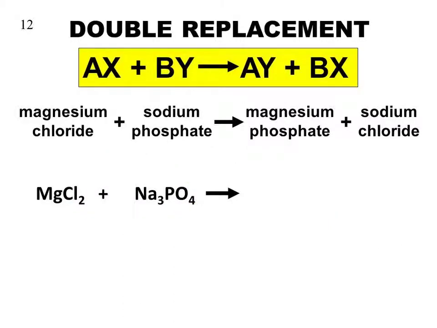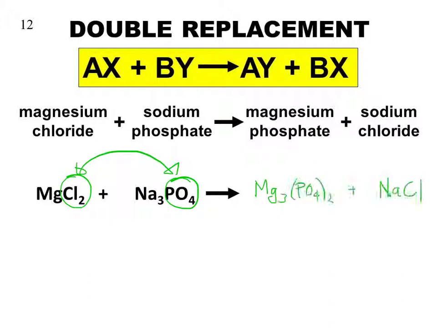And in this last example, we have magnesium chloride and sodium phosphate. And to have a double replacement, let's go ahead and look at the chlorine and the phosphate. They'll swap places, and you should have magnesium phosphate and sodium chloride.